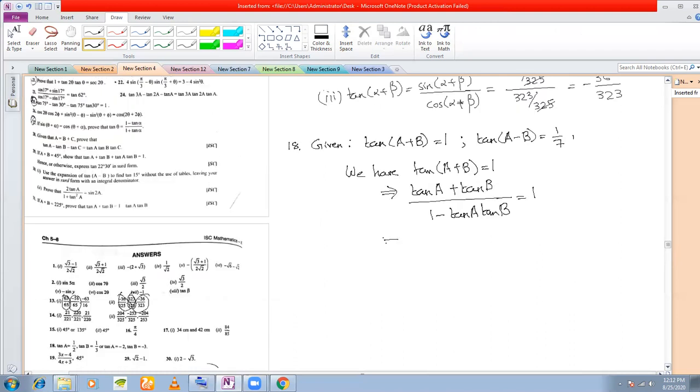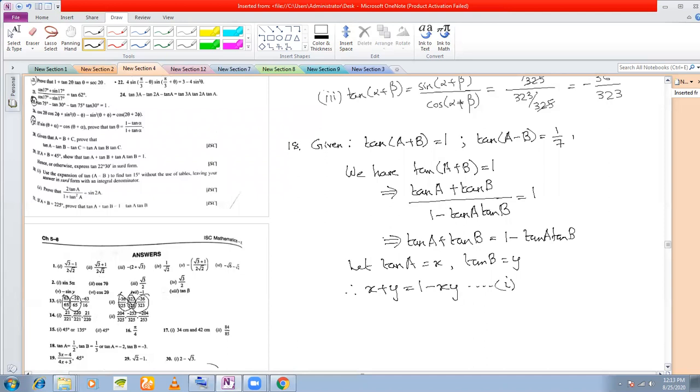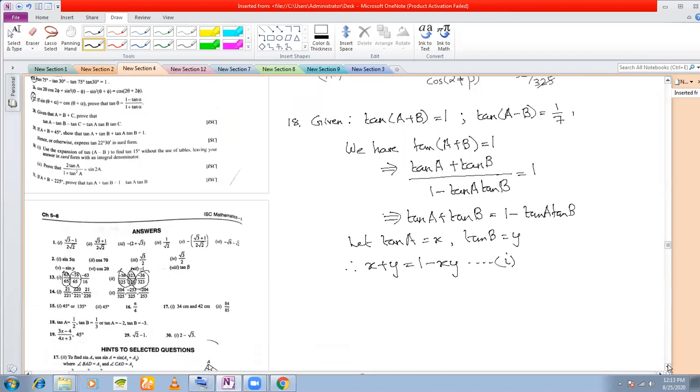That means tan A plus tan B is equal to 1 minus tan A tan B. Now I say let tan A is equal to x and tan B is equal to y. So therefore x plus y is equal to 1 minus xy. Call this equation number 1. We want to find x and y because we want to find tan A and tan B.